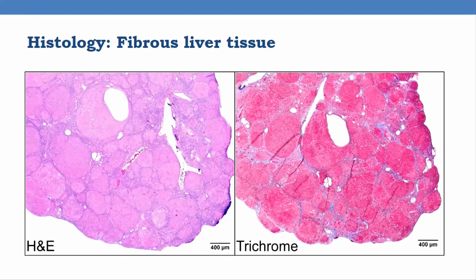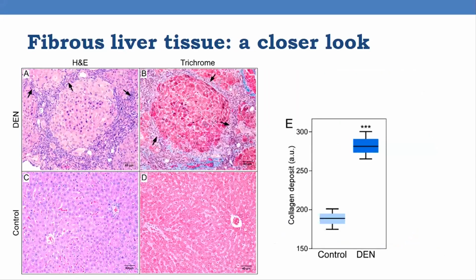We confirmed it by histology. We can see here H&E staining and trichrome staining showing the diseased liver in rats. A closer look here in the lower panel, we can see the control liver tissue. The cells look very fine.